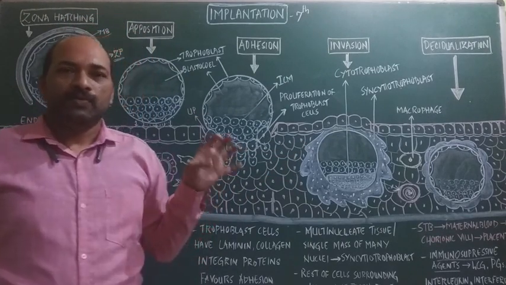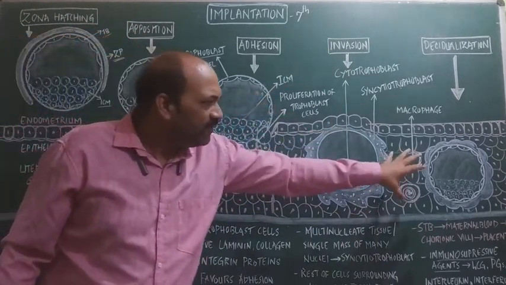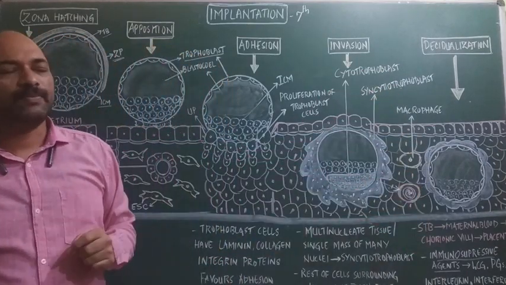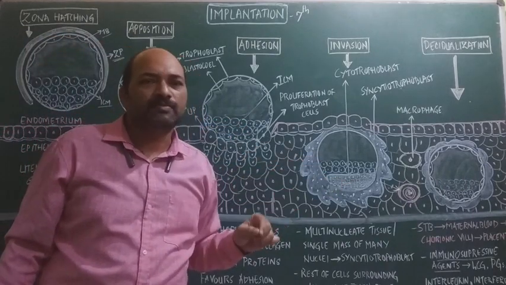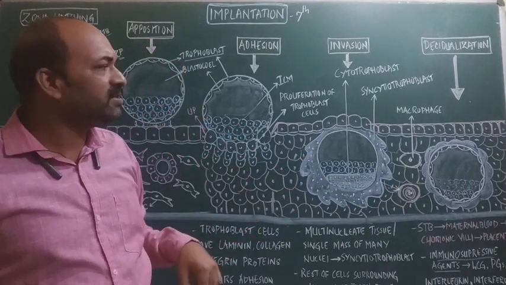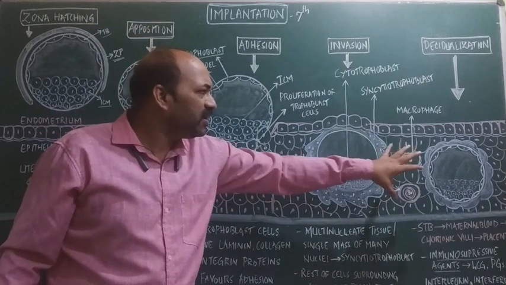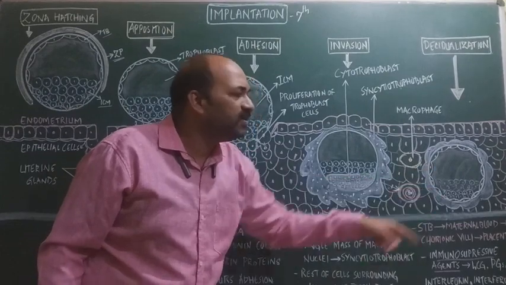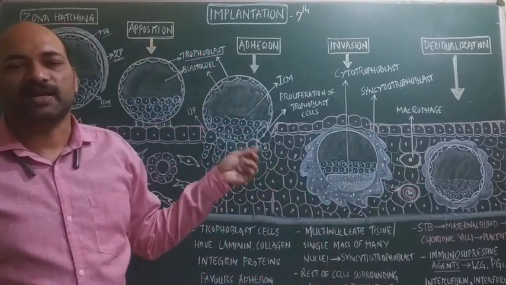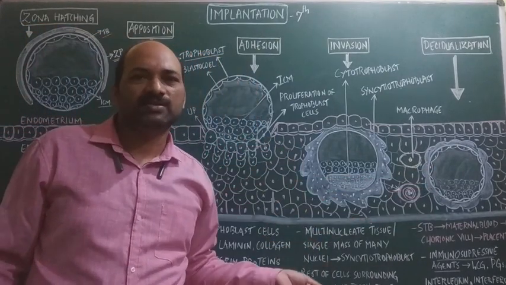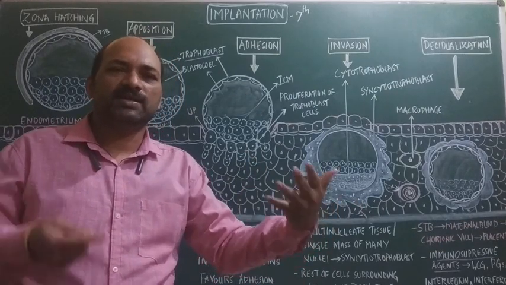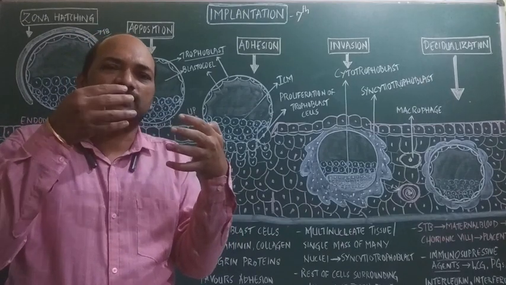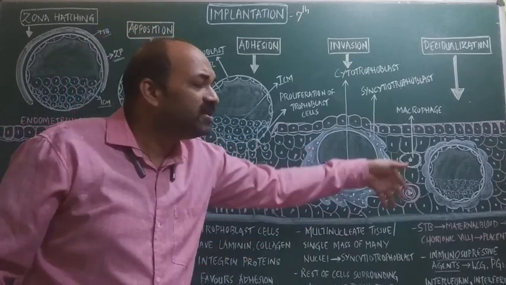Now, once the embedding of the blastocyst occurs in the endometrium, further what happens is the mother's immune system starts feeling that these particular cells are different from its own body. The blastocyst contains embryonic cells, and the embryonic cells and maternal cells are totally different. So there is a possibility that the immune system of the mother may reject this blastocyst.